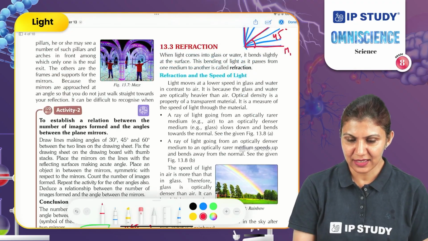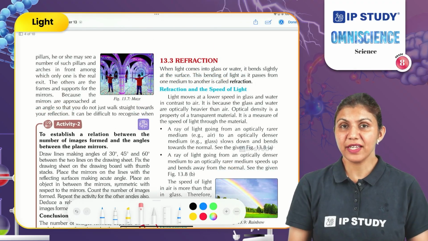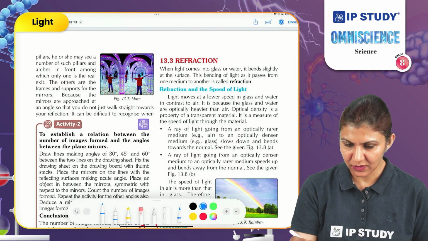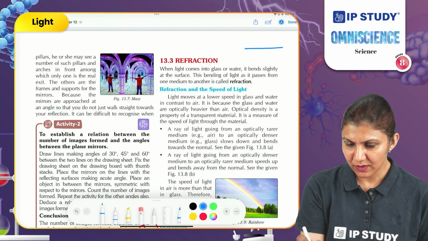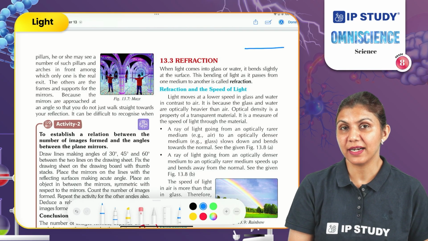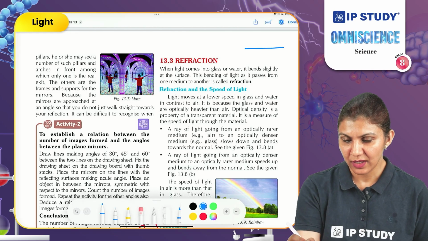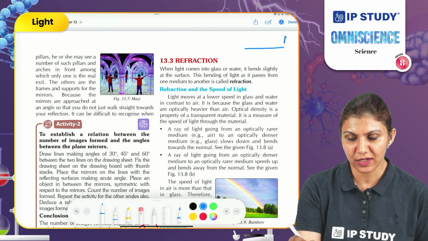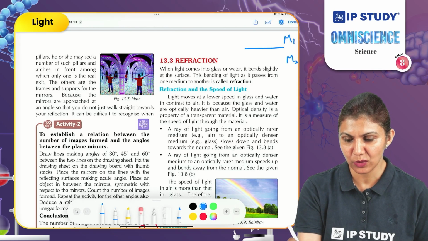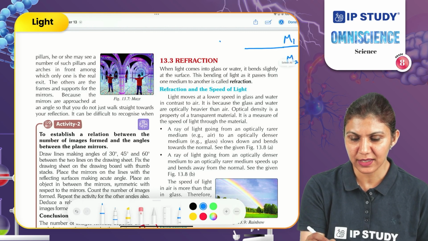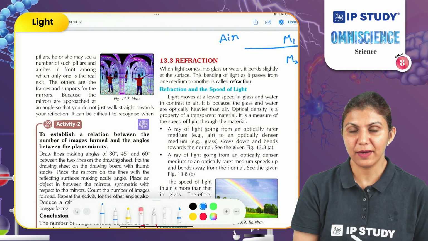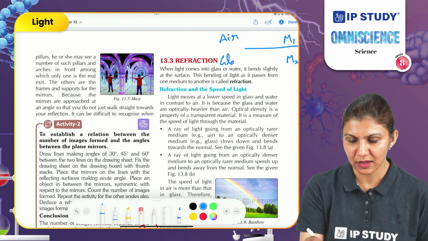Next thing is refraction. So here we can understand refraction by understanding different mediums. So here we have two different mediums, medium 1, medium 2. Assume medium 1 is air and medium 2 is glass.